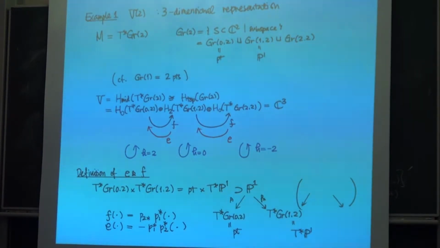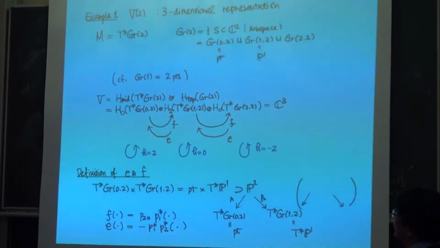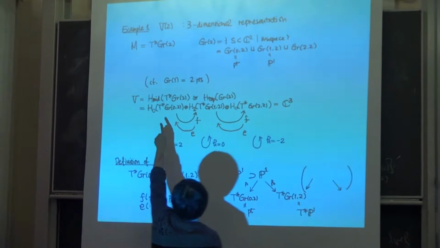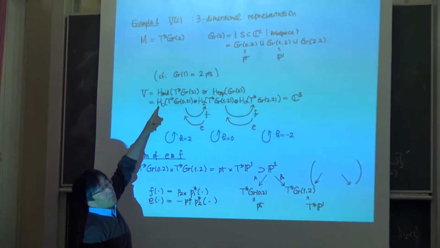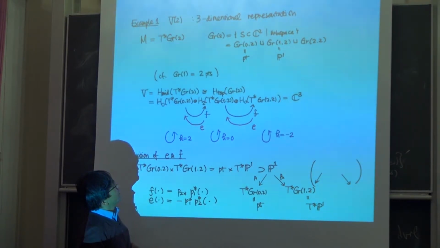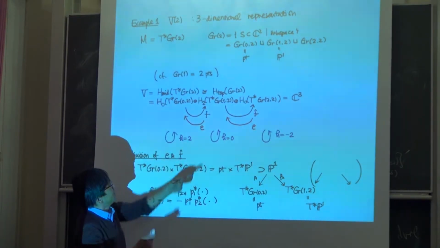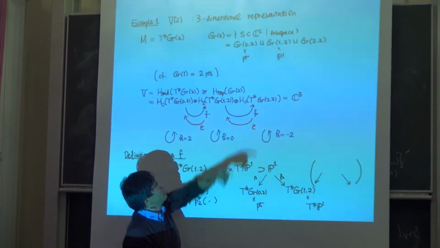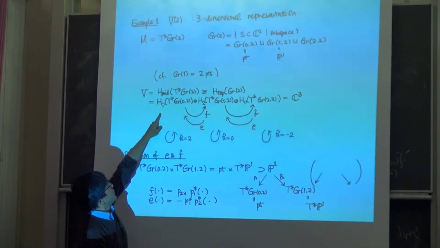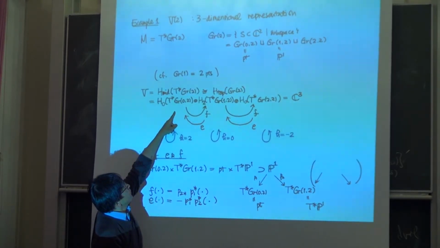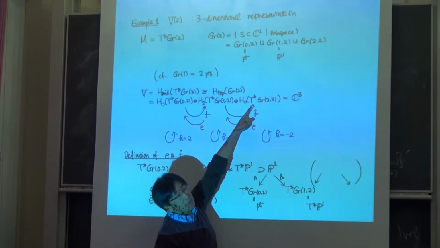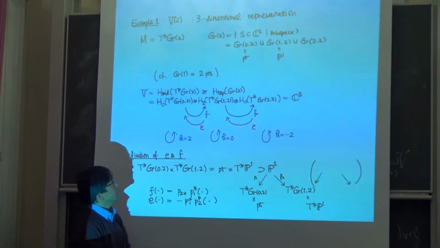But there is a degree on the cohomology group. So for a reason which will become clear, I take the middle degree cohomology group of this cotangent bundle of the Grassmannian, or by shrinking those fibers, the top degree cohomology group of the Grassmannian. That is just H0 for the first component, H2 for the second component, and H0 again for the third component.